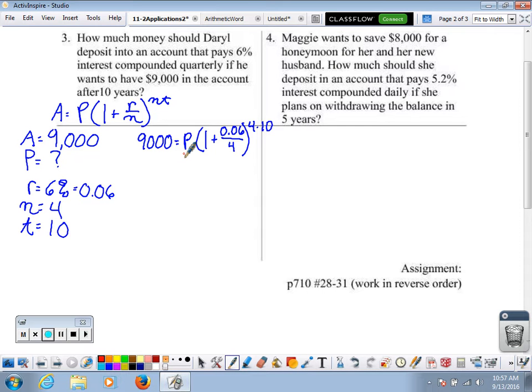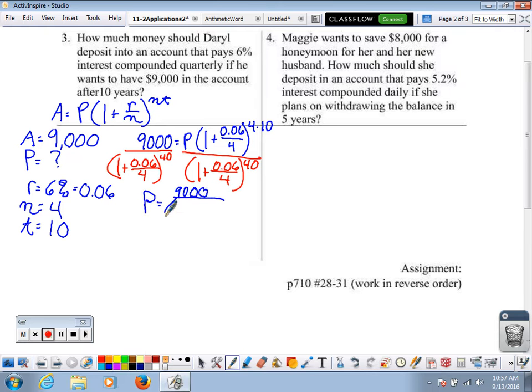Divide by all that stuff, both sides. Then I'll have P all by itself, and P equals 9,000 divided by the quantity 1 plus 0.06 over 4, the quantity raised to the 40th power.